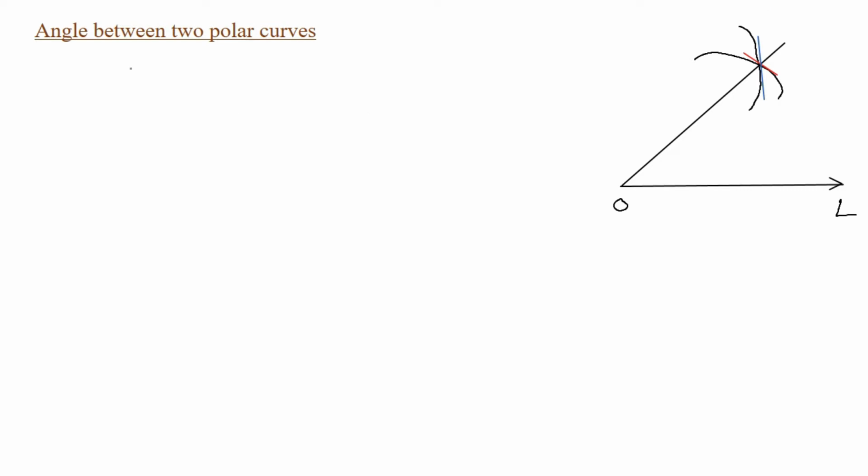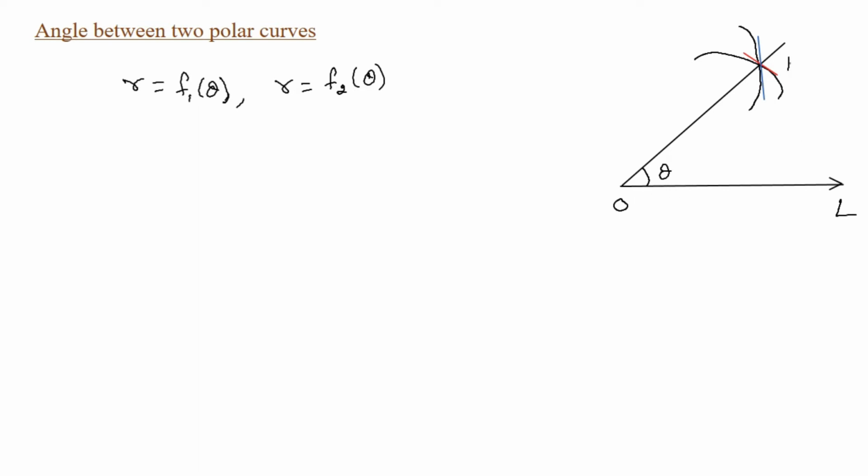Let me consider the first curve to be r is equal to f1 of theta, and the second curve to be r is equal to f2 of theta. So theta is the angle between the radius vector and the initial line.